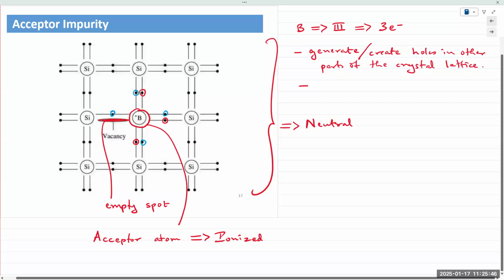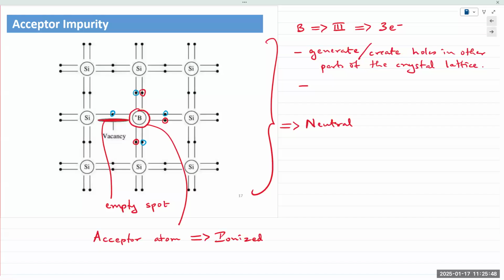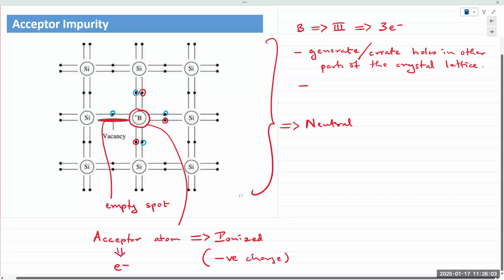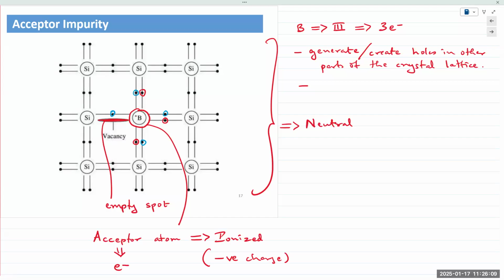And then the acceptor atom, it's not shown here, but would have one extra negative charge because it accepted an electron. So again, donor donating an electron has one extra positive charge.